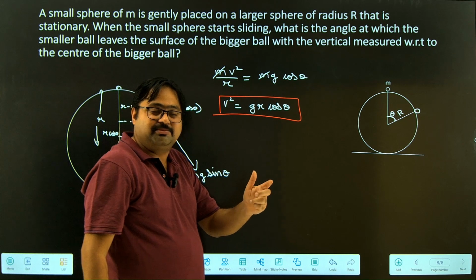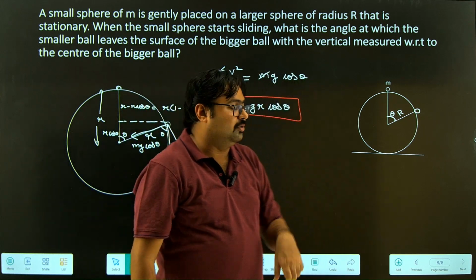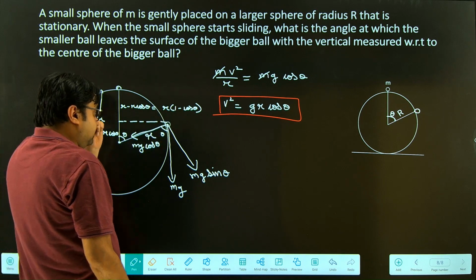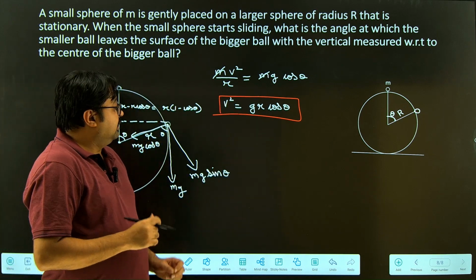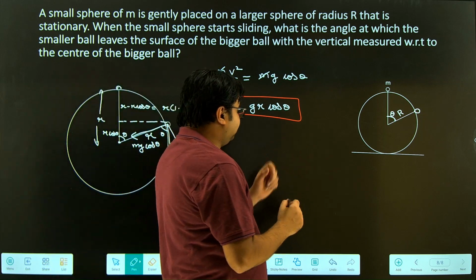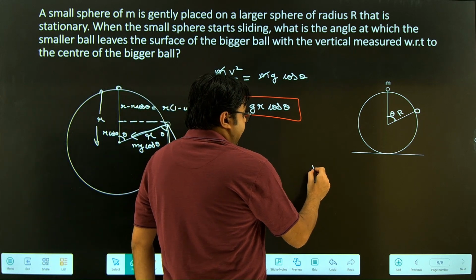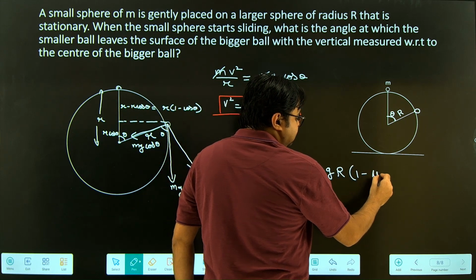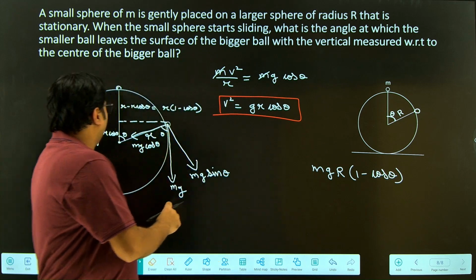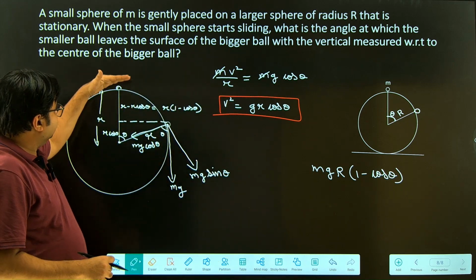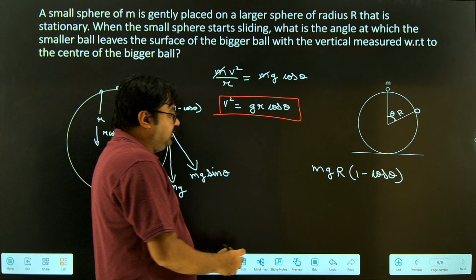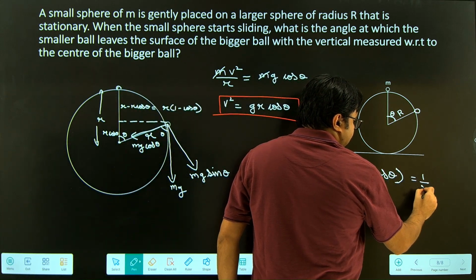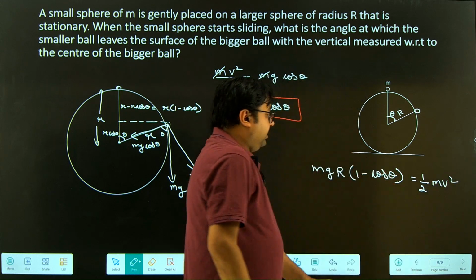I keep interchangeably using bob with marble, so pardon me for that. So we have r into 1 minus cos theta. The potential energy lost by the sphere is mgr into 1 minus cos theta. It's equal to half mv squared.